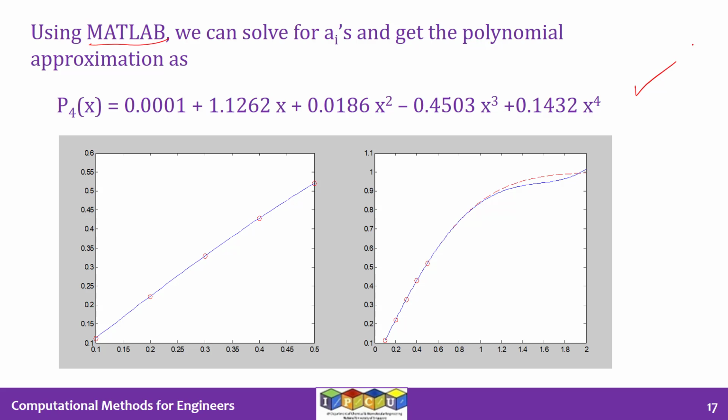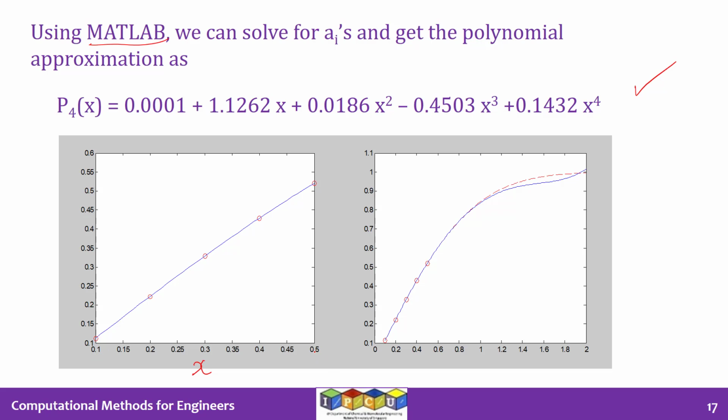Now, if you sketch this polynomial, the experimental data is given as circles and the polynomial is given as the blue line. So you are looking at it between 0 to 0.5, this is x on the horizontal axis. You are showing it over the range for which you have experimental values, from x equal to 0.1 to x equal to 0.5. That was the experimental range.